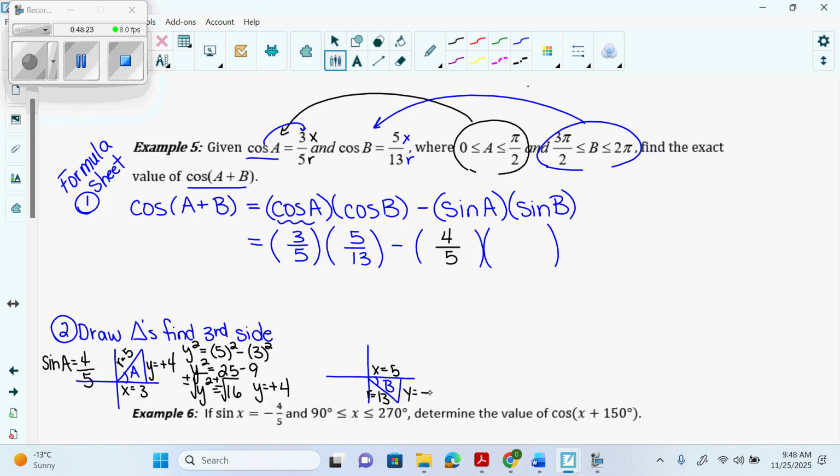Okay. So I need to find that third side. So y squared equals 13 squared minus 5 squared. Y squared equals 169 minus 25. Y squared equals 144. I take the square root with my own hand, so I do plus or minus. So y equals negative 12.